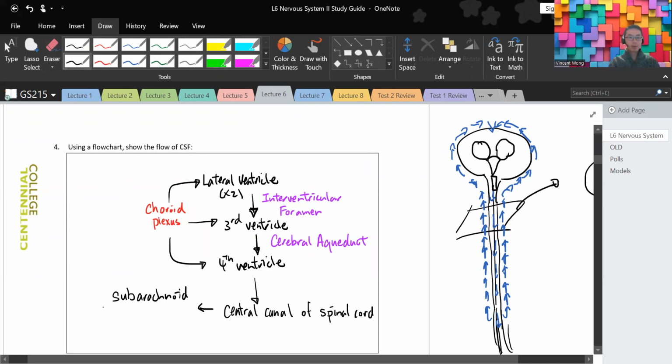Subarachnoid space around the spinal cord. And then from the fourth ventricle, some of it goes to the central canal, and some of it is just going to go into the subarachnoid space around the brain.